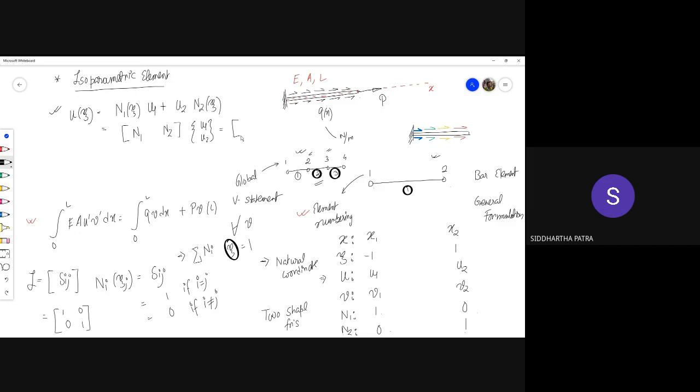Also could be written as n matrix, which is 1 cross 2, times 2 cross 1 u hat. And same thing, because u and v must belong to the same function space, v being the variation, of course an arbitrary one. So v of xi, now look at this carefully, I'm writing it to be u hat transpose n transpose.